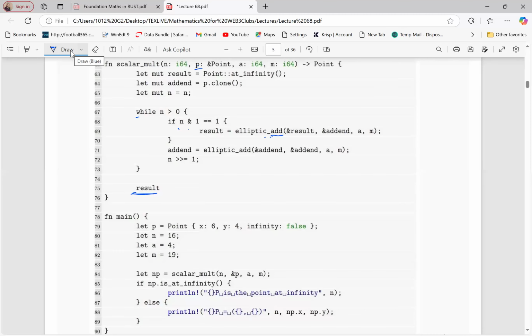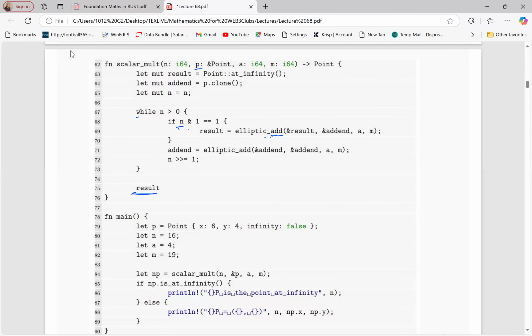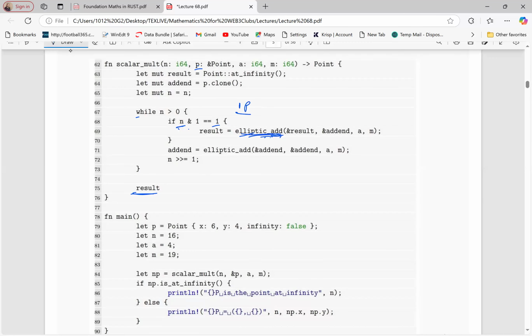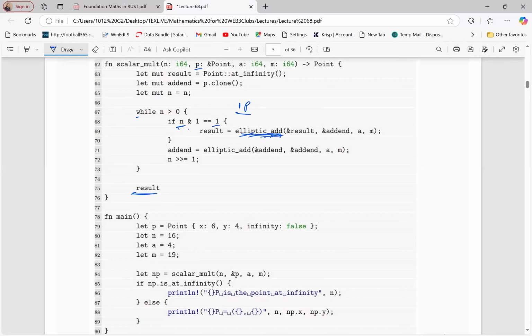So if n is 1, then it means, for instance, you have 1p, it will just ask for this one to give it, first of all, the result of this. Then if n changes to 2, again, it will ask for this to give the result.